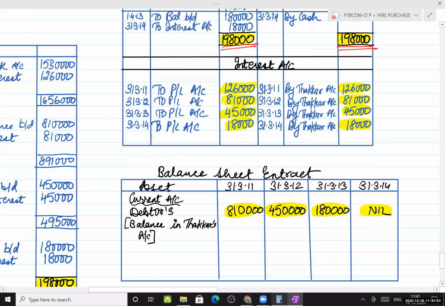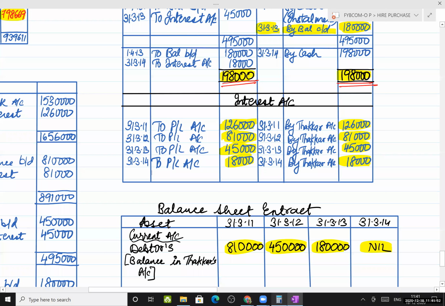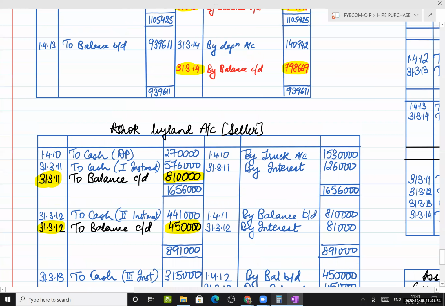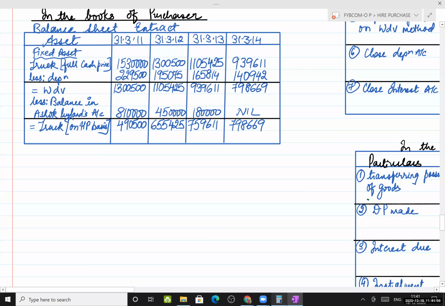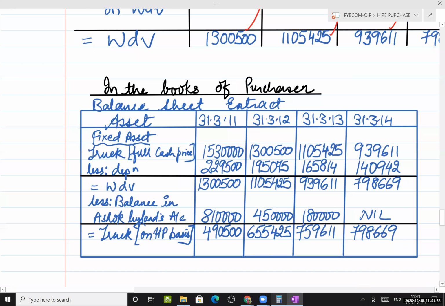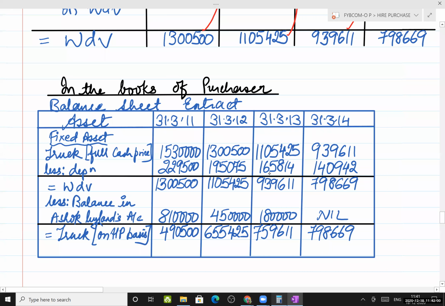And the last part is the balance sheet extract. So the balance sheet extract of the purchaser is this. This is the balance sheet presentation style. In the books of the purchaser, this is the balance sheet extract. First year, second year, third year, and fourth year. Truck comes under the category of fixed assets, so it is placed under the first, that is fixed assets.